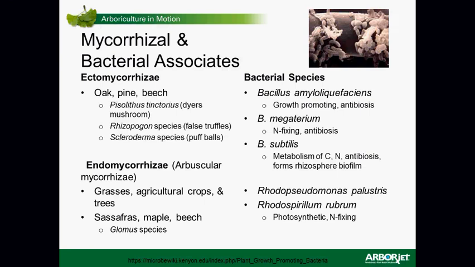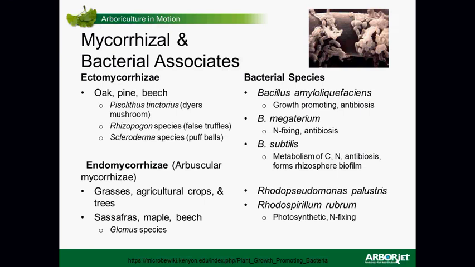Some of the bacterial species are also important for tree growth and survival. Some of these bacteria, the bacilli or other genera, but Megatherium for instance, are important nitrogen fixers. Things like alder will have nitrogen fixing nodules on them. Legumes certainly do, but some of these species, Amyloliquefaciens, Subtilis, and Megatherium, exist in the rhizosphere, which means the soil root interface, and they'll form a biofilm. So these are protective.